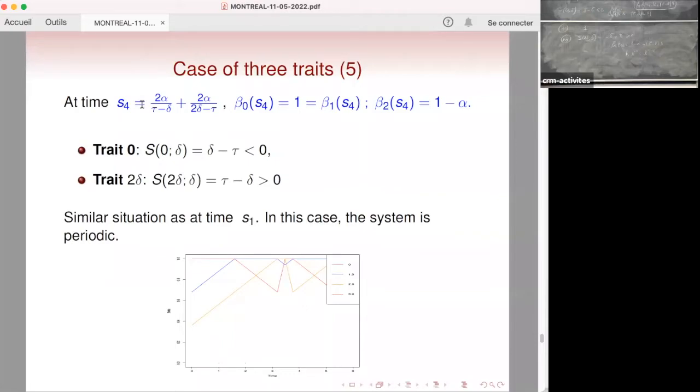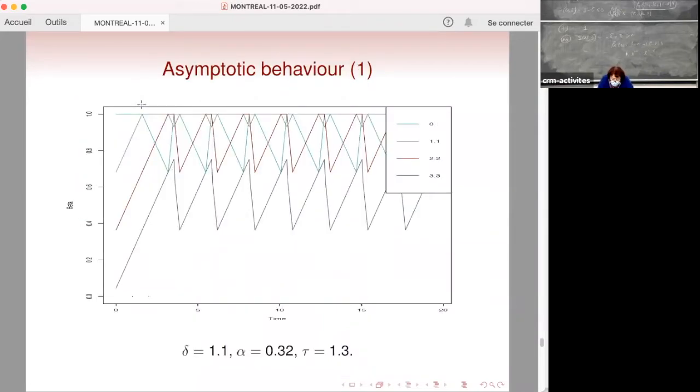That means that at step 5, we are exactly at the step 2. And there is a periodic situation in this case, but you have seen that we have a lot of assumptions on these parameters. In this case, we have a periodic situation, and we can understand how it happens in the limit. We made other simulations. Here you see that with 4 traits, we continue. We have also a periodic behavior here.